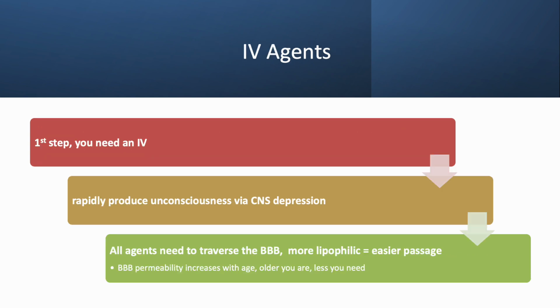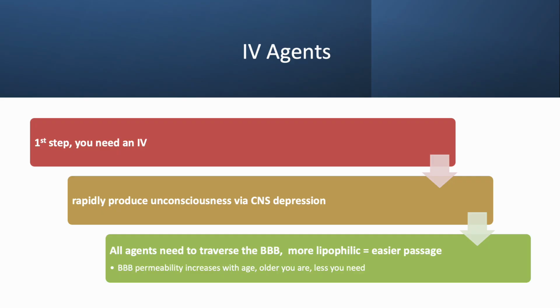While you can induce anesthesia using our anesthetic gases, today we will only discuss IV agents. And what you need for that is, you guessed it, an IV. The IV agents we use work by rapidly producing unconsciousness by CNS depression. These medications enter circulation and cross the blood-brain barrier to act on central receptors.